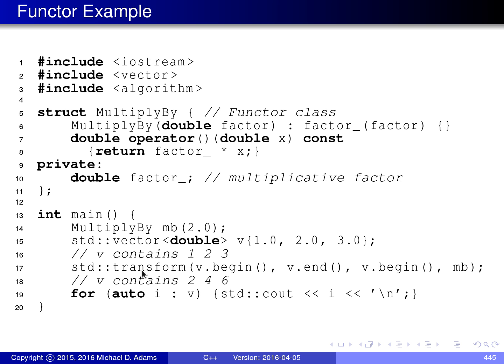Then later on, when we invoke the transform function, for each element in the range from begin to end here, it's going to invoke this functor. In other words, it's going to invoke the function call operator for it. So the first time through the loop inside this transform function, it's going to invoke mb for the first element in our range from begin to end, which is going to be this element here. So 1 will get passed in as x.